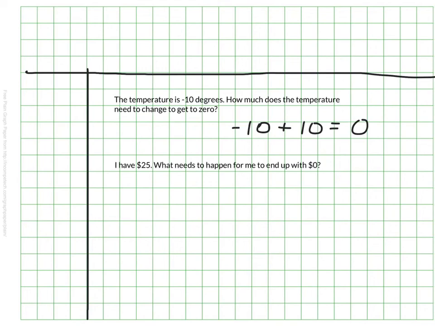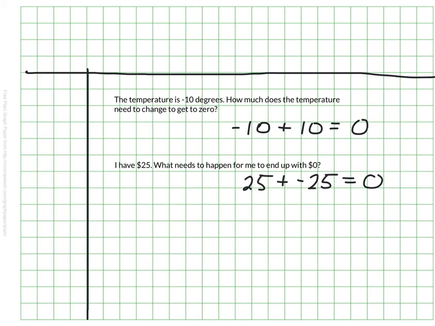And if, for example, I have $25, the question would be, what needs to happen for me to end up with 0? Well, my money could fall out of my wallet, I could buy something, I could give it away. In all of these situations, we would represent it with -25, the opposite of 25, and that would mean I would end up with 0.